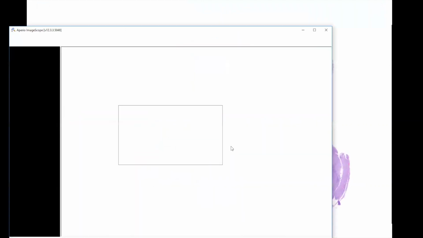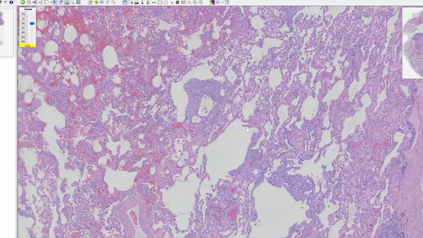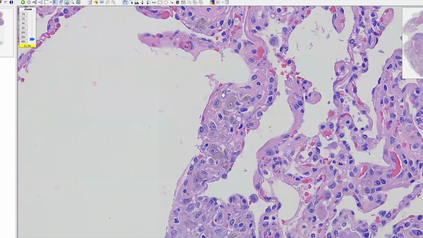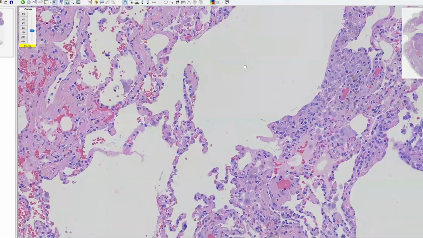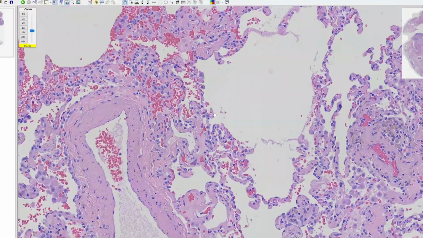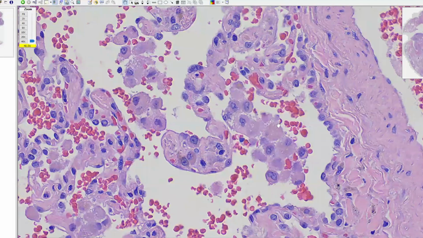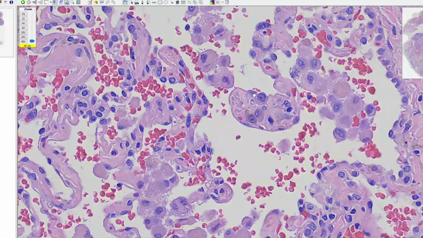The pigment is very similar to smoker's pigment, and you can see a background respiratory bronchiolitis in these cases as well. Respiratory bronchiolitis is just the accumulation of this smoker's pigment. Smoker's pigment is a fine yellow to brown pigment, and it typically has black specks within it as well.